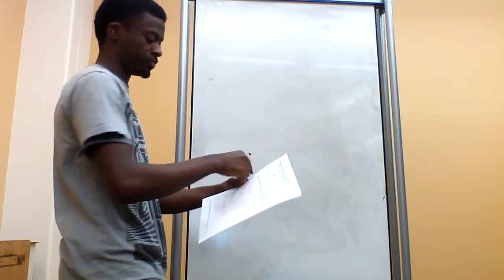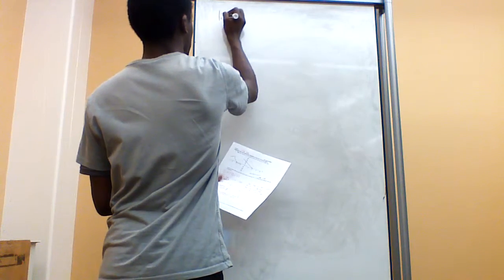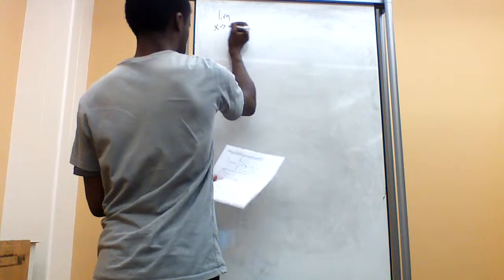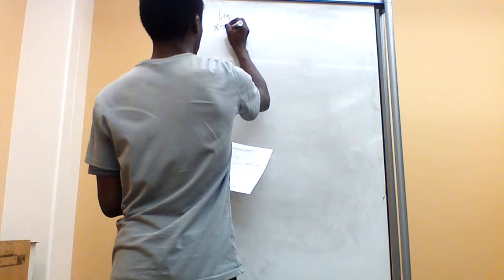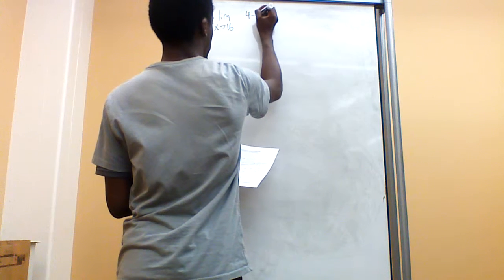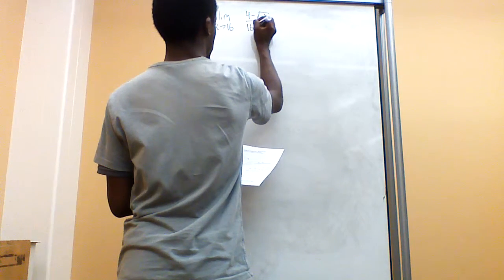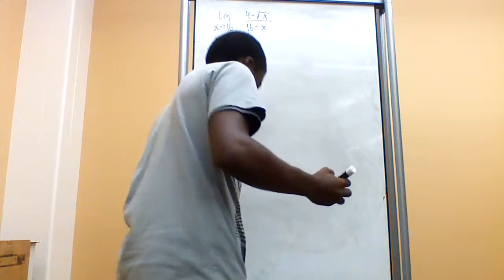For number 2, it says evaluate the following limit. The limit as x approaches 16 of 4 minus the square root of x over 16 minus x.